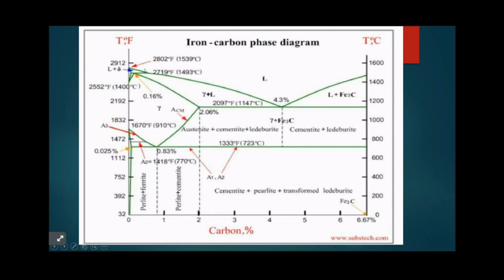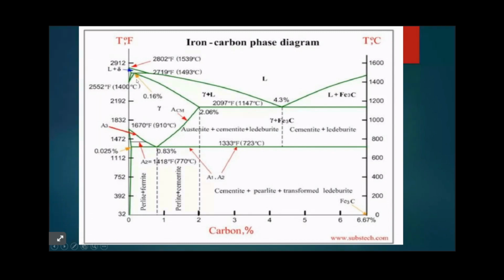When the temperature reaches 1600 degrees Celsius, as I told, it will be in the liquid stage. After that, it will go through different stages. From 1600 degrees Celsius, the liquid stage will be converted into liquid plus delta iron.